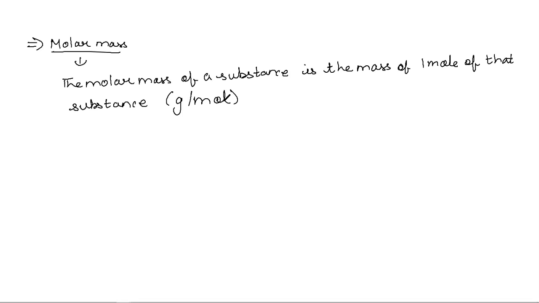What is molar mass? The molar mass of the substance is the mass of 1 mole of that substance. So molar mass को हम कैसे एक्सप्रेस करते हैं? ग्राम्स पर मोल में. For example, if I'm saying you find the molar mass of a substance, example है आपका एक्सरसाइज में क्वेश्चन होगा.